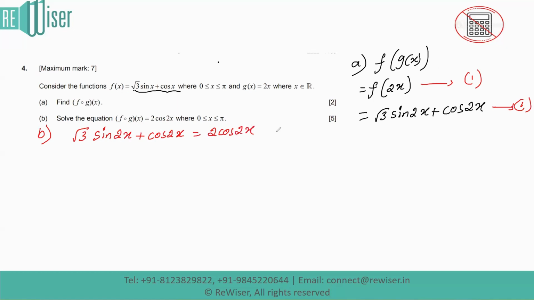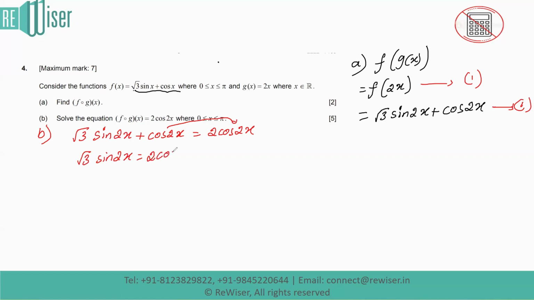Now, whenever you have any expression in just sine and cos, without any numbers in it, you should always think about whether it is possible to make this as tan x. So I'm going to take this cos 2x to the right-hand side. So I'll have root 3 into sine 2x equals 2 cos 2x minus cos 2x.